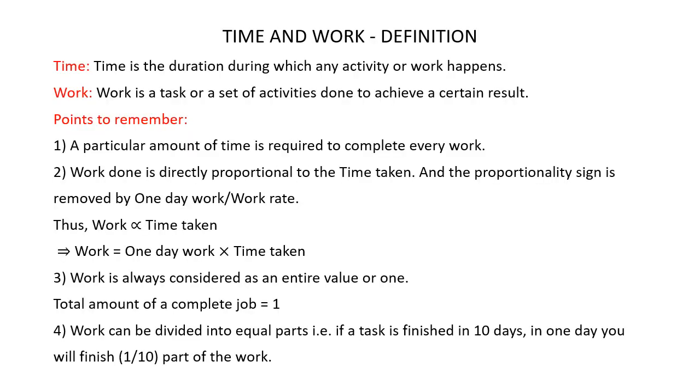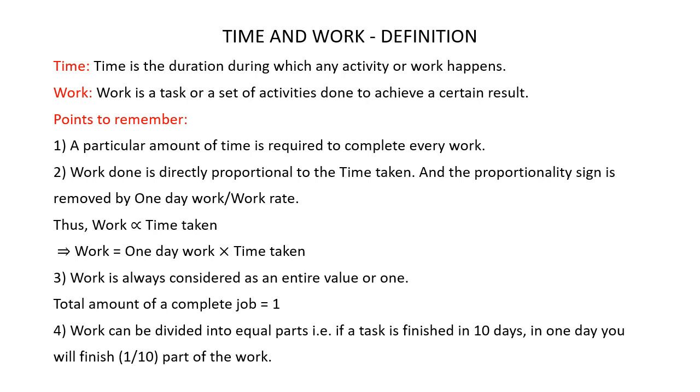First, let's understand the meaning of time and work. Time is the duration during which any activity or work happens. Work is a task or a set of activities done to achieve a certain result.